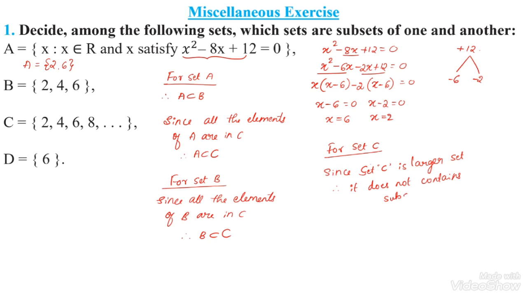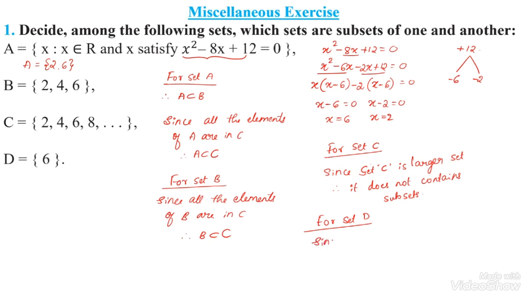Okay. Again for set D. Set D containing the element 6 only. While comparing all the sets, 6 is the only element which is present in all the sets.